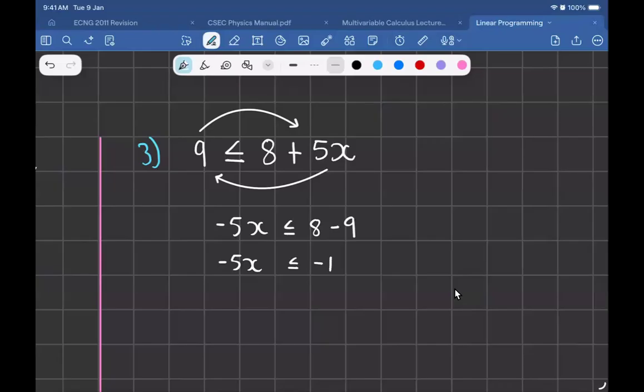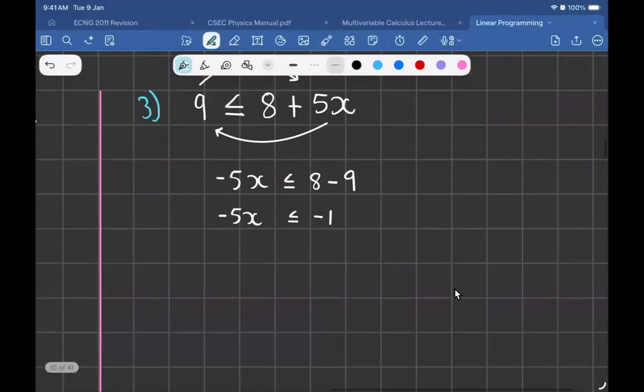Imagine you have a credit card, you spend $9, but you only had $8. Where are you getting that $1 from? The bank, right? You'd have to pay back the bank $1. So minus 1. Right, so we have minus 5x is less than or equal to minus 1.